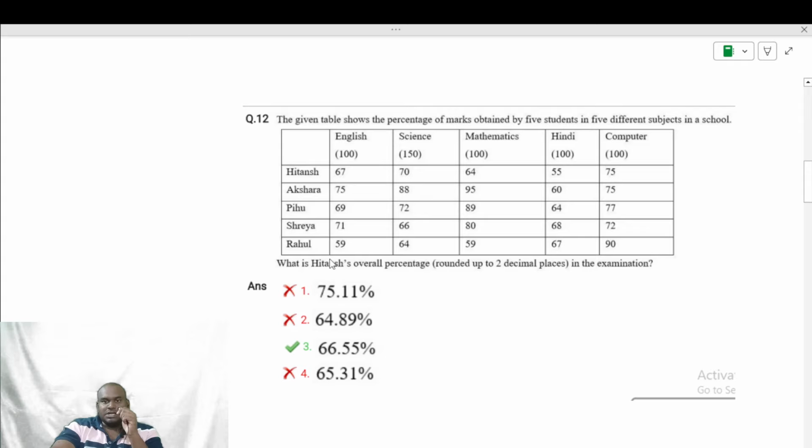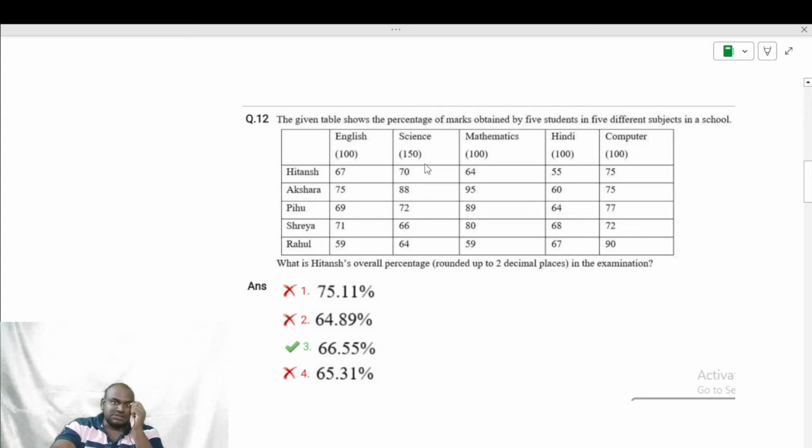But you observe here, English is having 100 marks, but science is not having 100, it is 150. All the other subjects have 100 marks except science. But here, the percentages are given, not the marks.